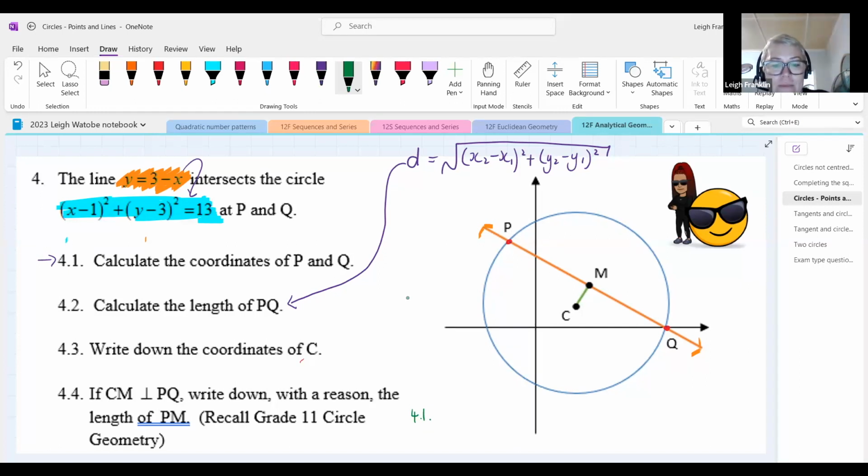So firstly, what I did was I expanded the equation for the circle. Okay. What did you write? It was x squared minus 2x plus 1.